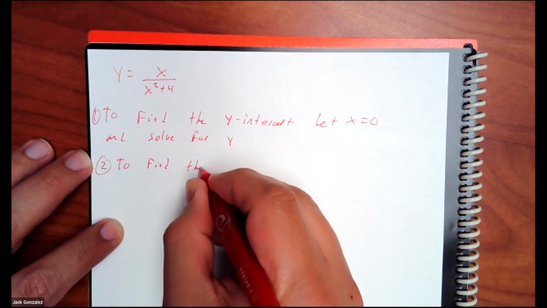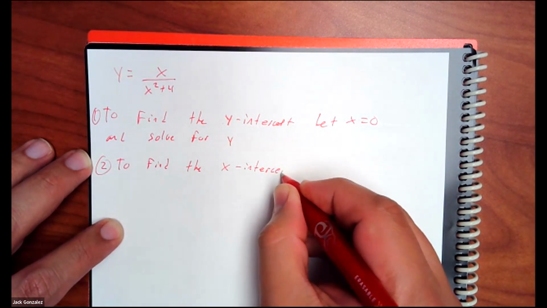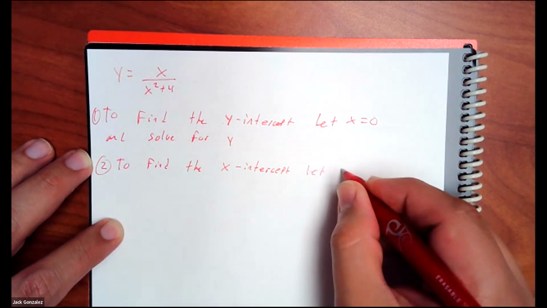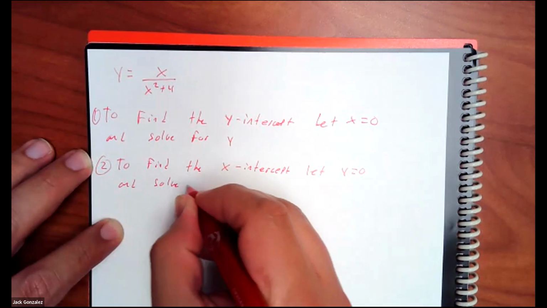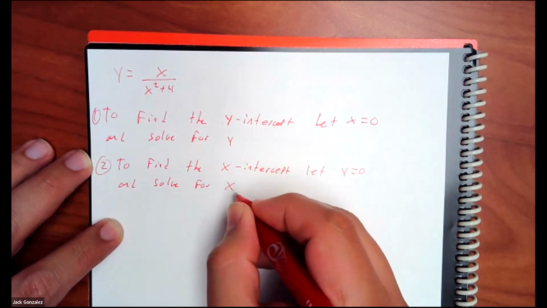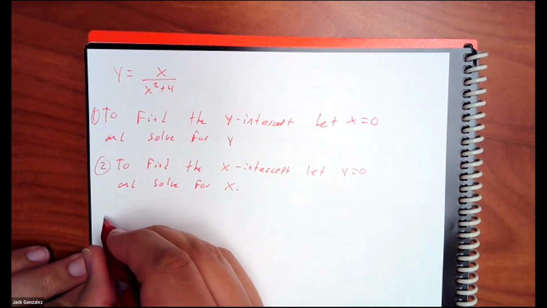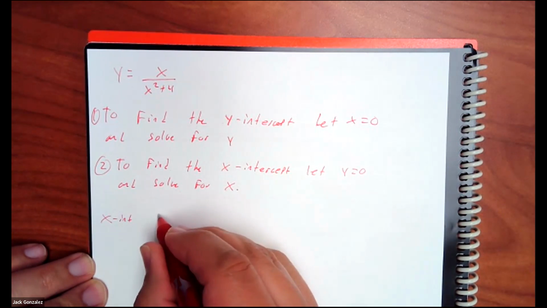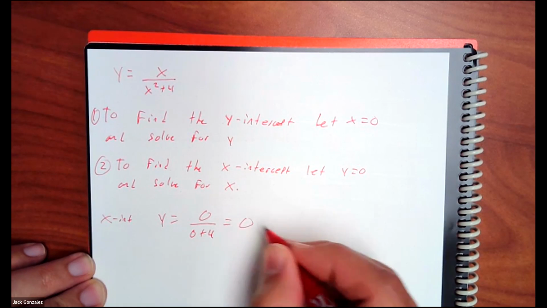To find the x-intercept, let y equal 0 and solve for x. Okay, so x-intercept. Y is equal to 0 over 0 plus 4, which is 0.